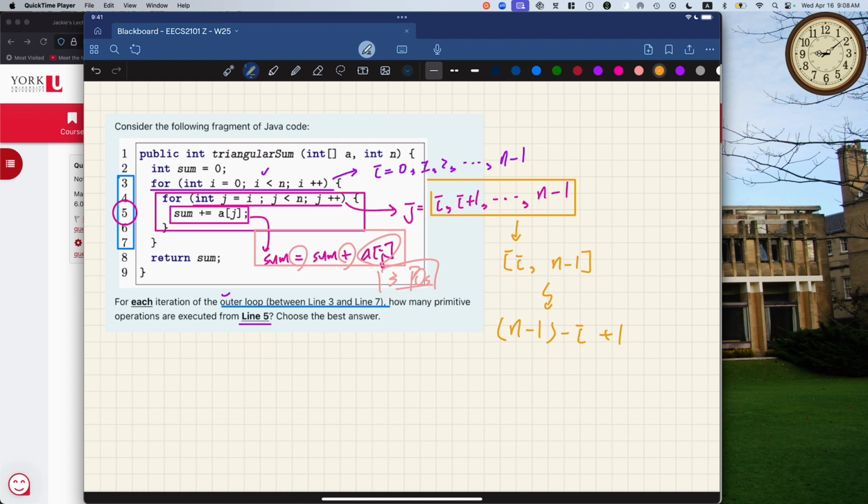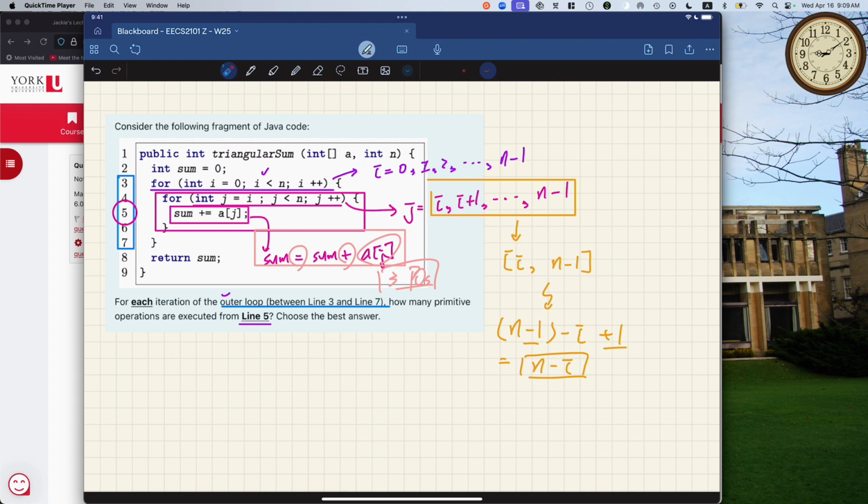That's a little formula that we spoke about in the class. If you simplify this, the minus 1 and plus 1 cancel out, and you get n minus i. So we talk about n minus i iterations for the inner loop for every value of i. And then we know that for every iteration of the inner loop, we're going to get 3 primitive operations. So we're going to multiply these two numbers together. That'll be the answer. Should be.